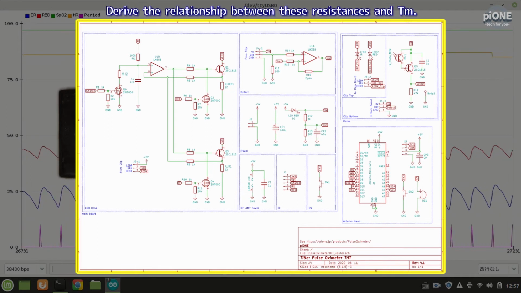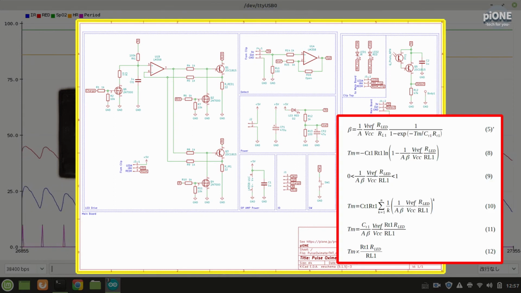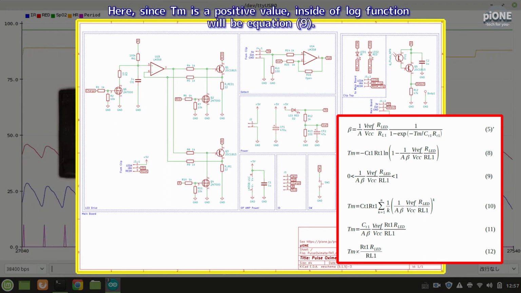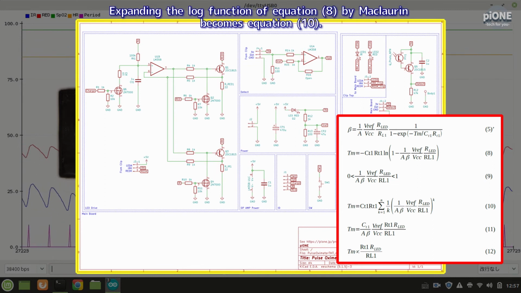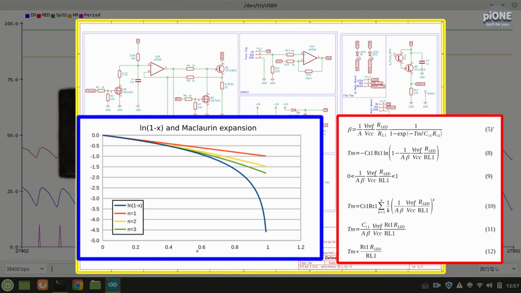Derive the relationship between these resistances and TM. Solving equation 5 for TM we get equation 8. Here, since TM is a positive value, the inside of the log function will be equation 9. Expanding the log function of equation 8 by Maclaurin becomes equation 10.